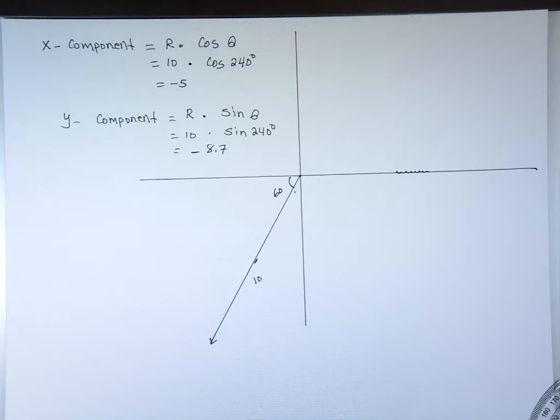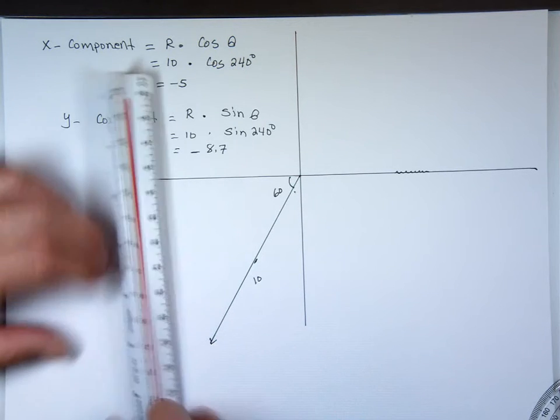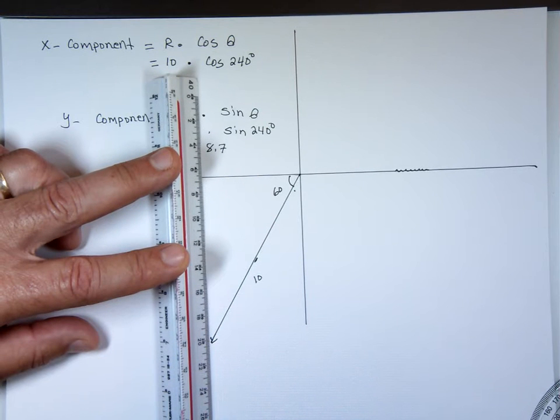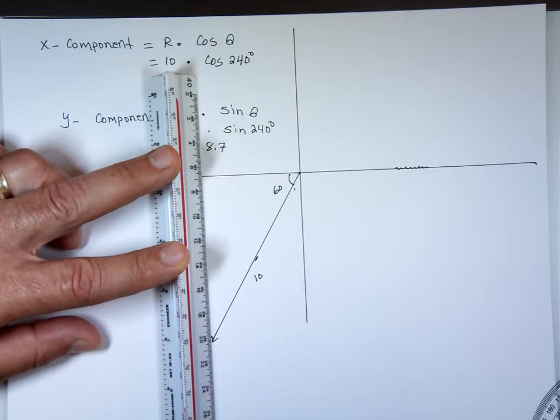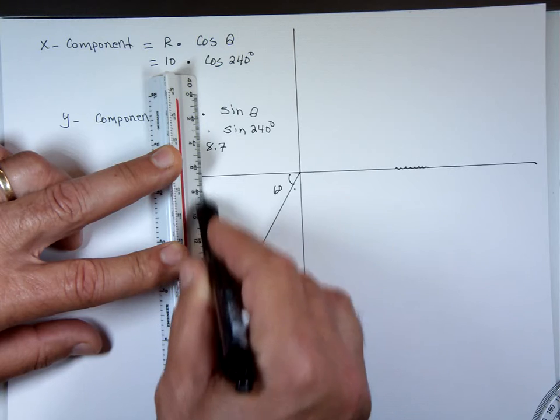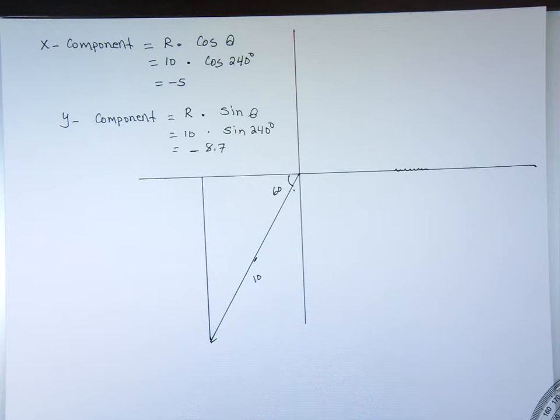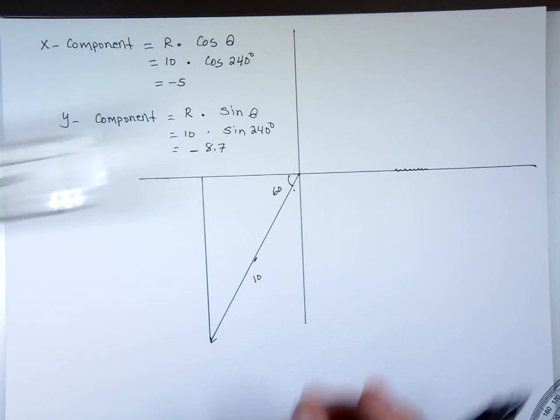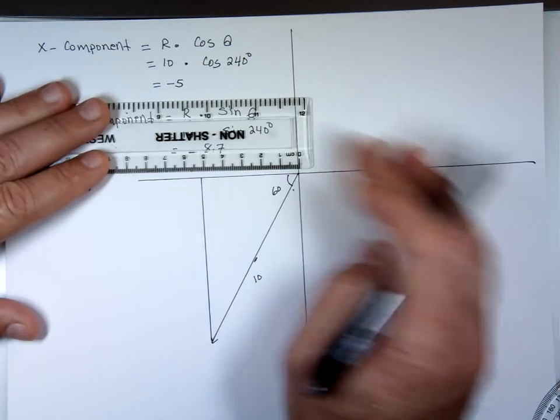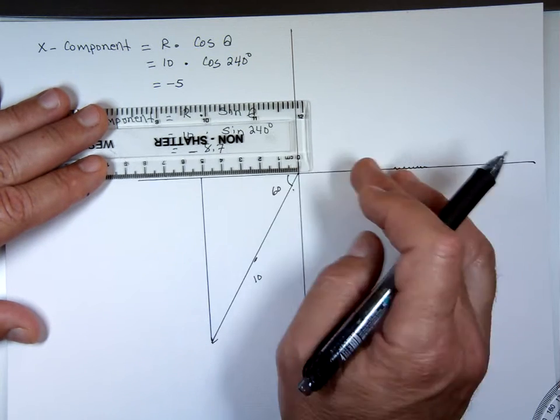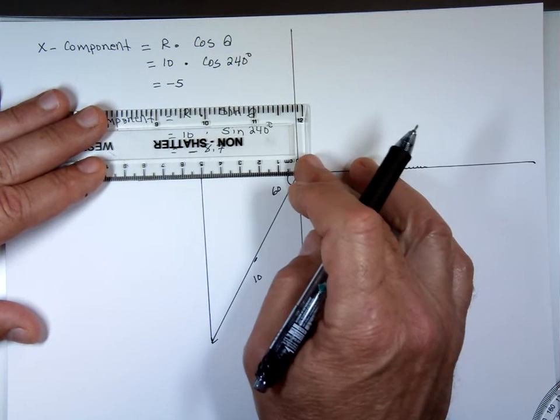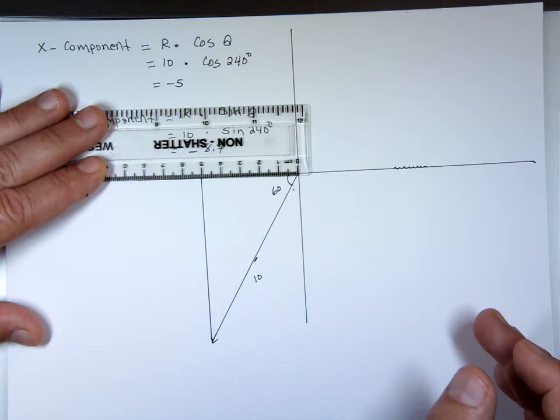Again, let's see if we did it right. Let's make my triangle here. Let's measure the x value. We know it's to the left, so it's a minus because you're going to the left. How many units? Let's lay that ruler there, see if it's 5. Look at that. 5 on the money.